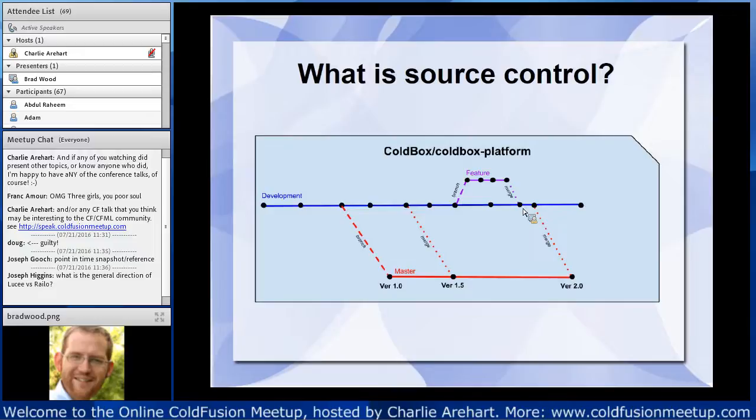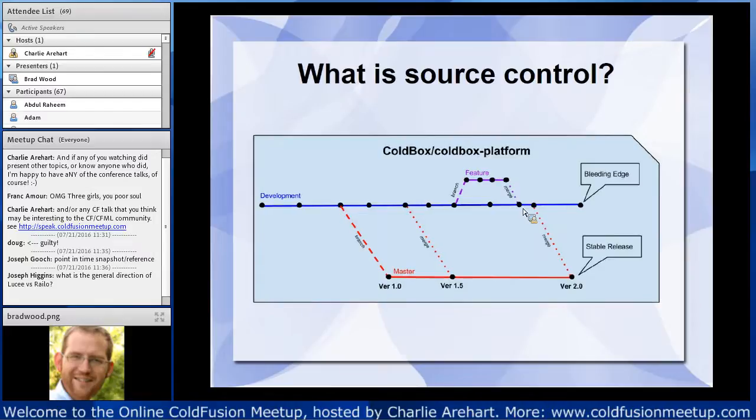But what you see here is typical of a standard Git flow, and this is also typical of pretty much all the box products. Oftentimes, people refer to a stable release or a bleeding edge. The bleeding edge basically refers to whatever branch it is that commits get committed to in a repository.